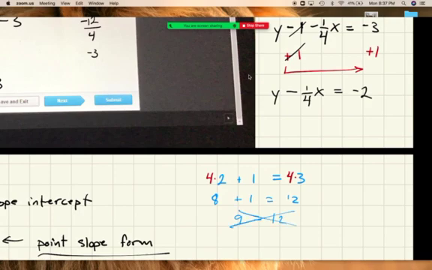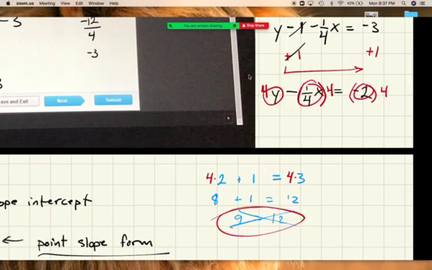So the trick, if you're getting rid of any fraction, you look at the bottom number, and you multiply every single term by that number. I'm going to say times 4, and then times 4. If you forget to do it to every single term, then you'll get this situation and you'll get a wrong answer. So you have to do it to every single term. But it's just a trick to get rid of a fraction.